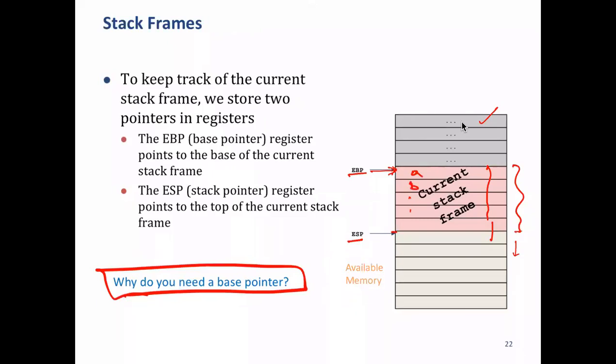B is here. Now the EBP value for the frame is fixed while ESP keeps changing. So we always reference these variables in relation to EBP. For example, B is 4 bytes away from EBP, something like that.